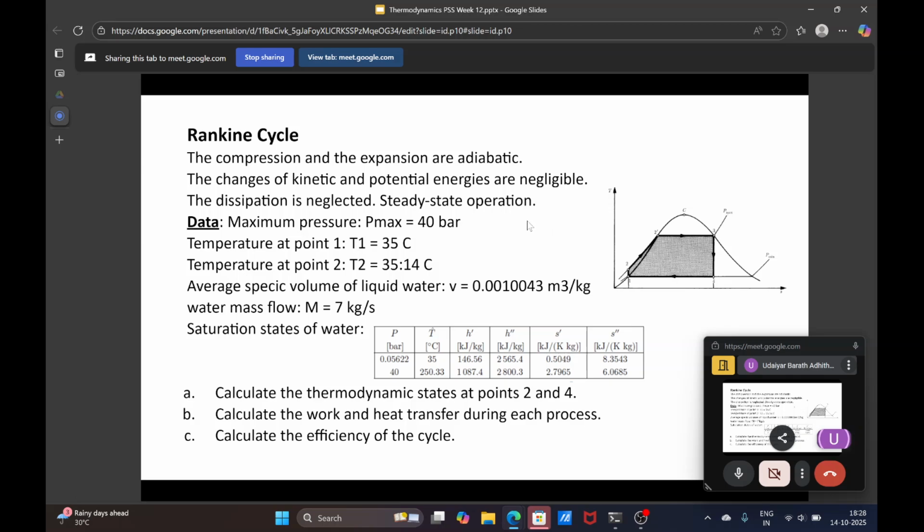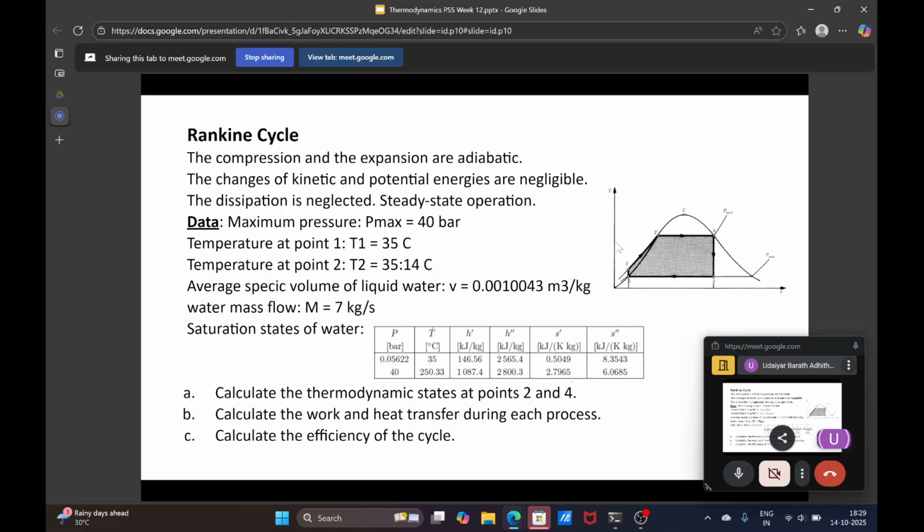What we assume, as the question is given, is that the compression and the expansion are adiabatic, so there is no heat transfer. The change of kinetic and potential energies is negligible, the dissipation is neglected, and we have steady state operation. The given data known for the cycle is the maximum pressure of 40 bar, the temperature at point 1, the inlet to the pump, is 35 degrees Celsius, and the temperature at the outlet is 35.14 degrees Celsius, which is generally the case when you are pumping the fluid to higher pressure.